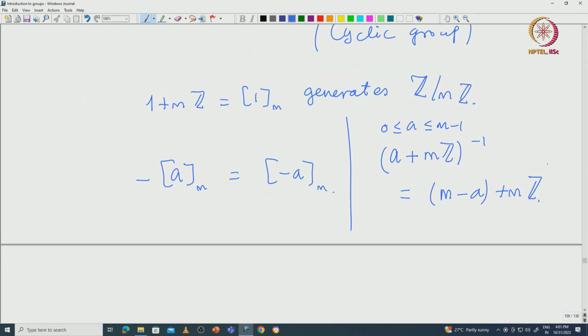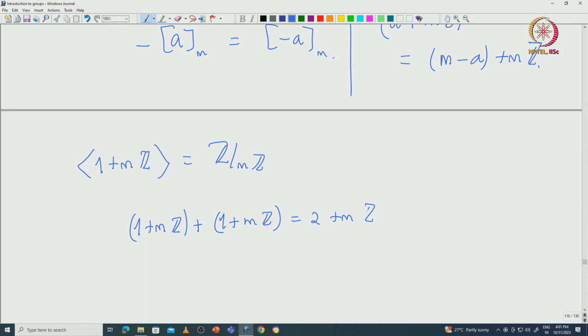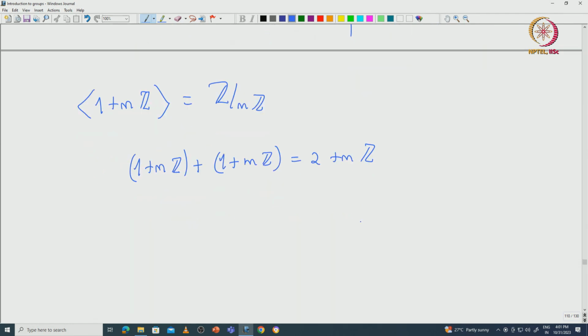Now you can see that this 1 plus MZ indeed generates your group. Why is this the case? Because by adding it repeatedly, if you add it twice, you get 2 plus MZ, and if you add it three times, you get 3 plus MZ, and so on.